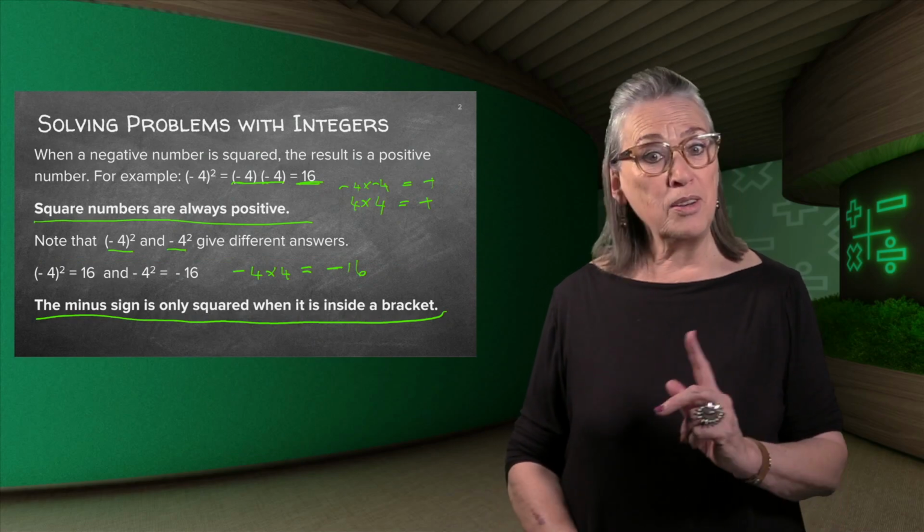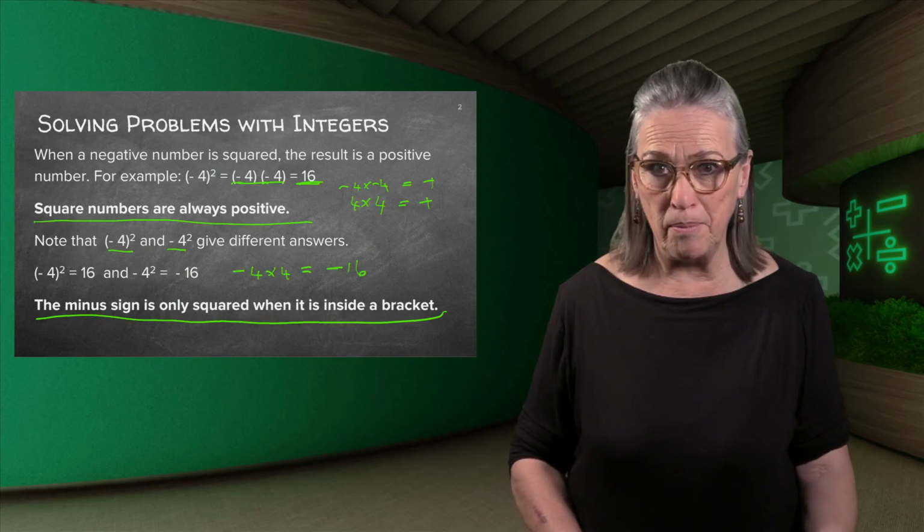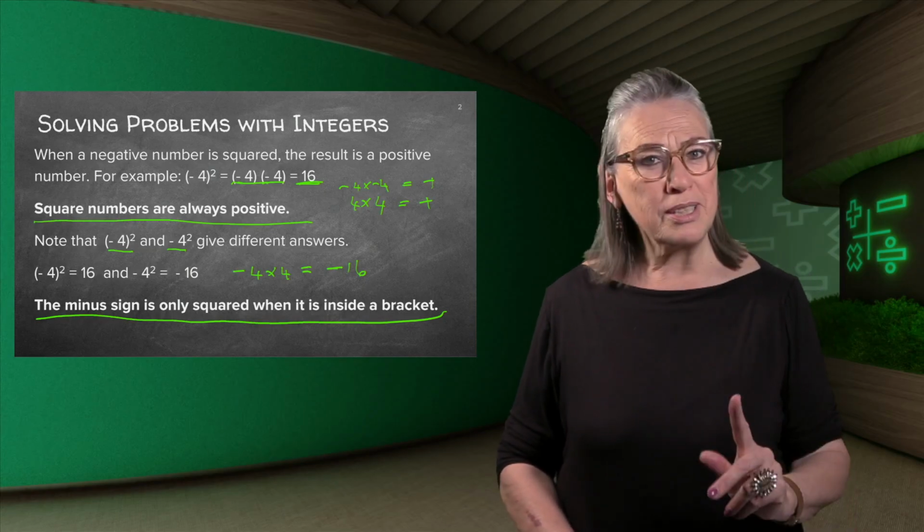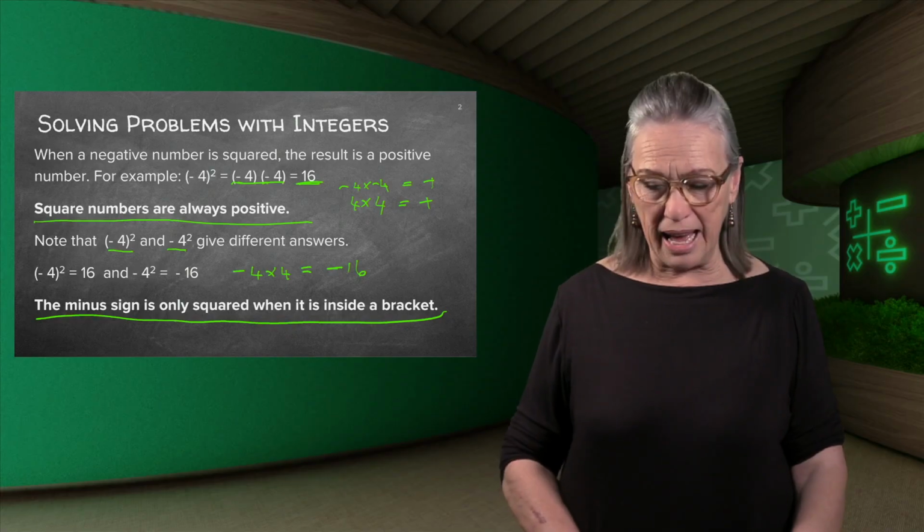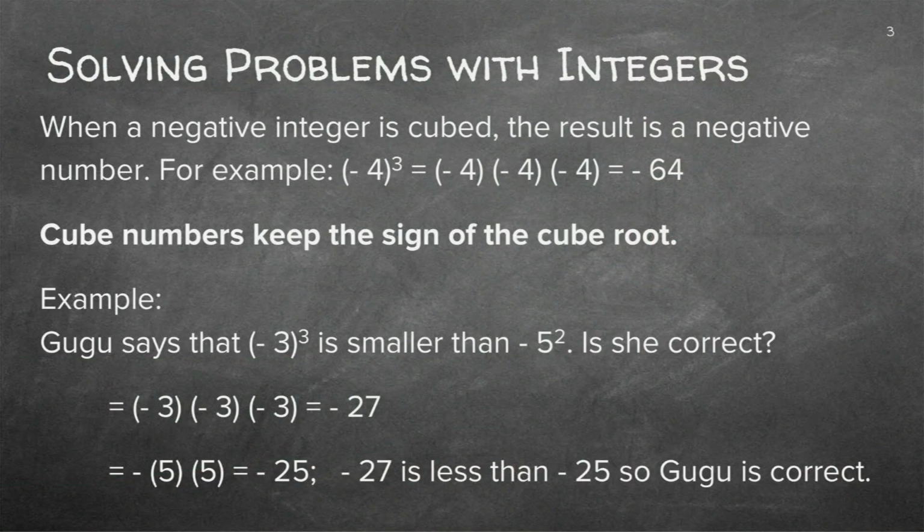Right. Now then, what about a cube number? Now I'm sure some of you can work this one out without me having to tell you. So when a negative integer is cubed, the result is a negative number, right? Because now it is minus 4 to the power 3.